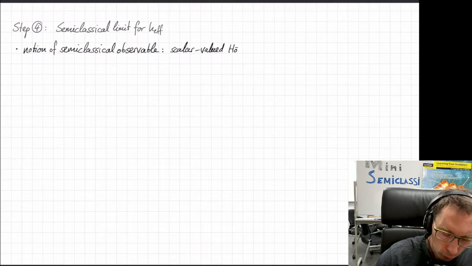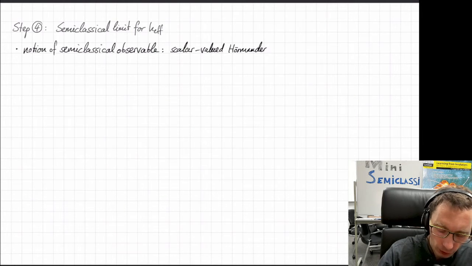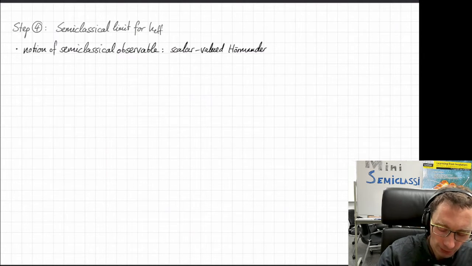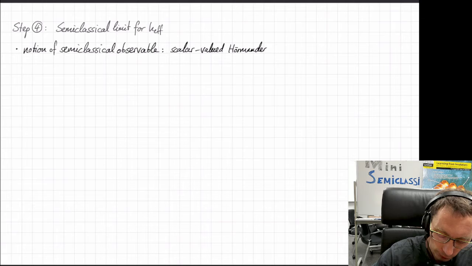So why is scalar valued important? Well, in general, if you think of small h, this was an operator valued Hörmander symbol. And not surprisingly, you can also look at those that are proportional to the identity, and those are scalar Hörmander symbols.